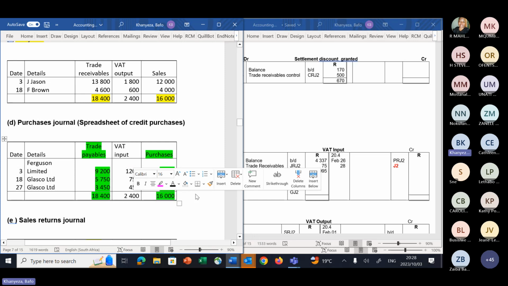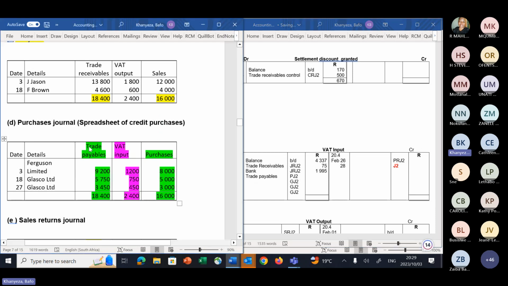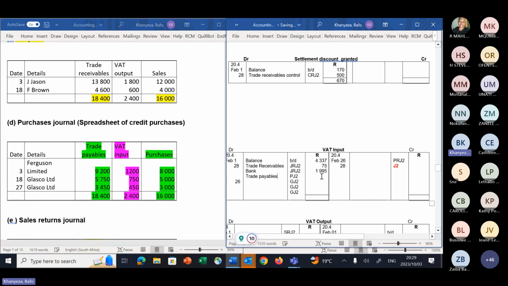So again, VAT input in the purchases journal. Even though we haven't paid for it, it's an asset because we owe our suppliers. So the contra account is trade payables. You can see here, this is the contra account, which is then this VAT.